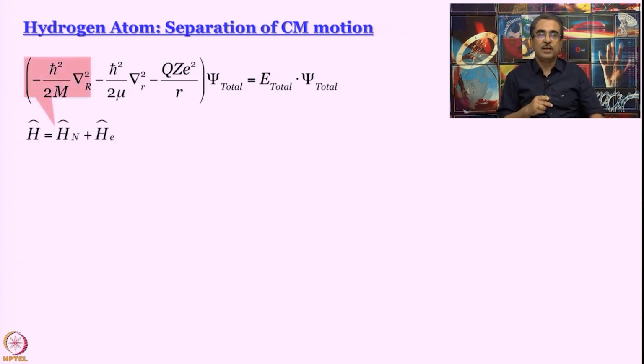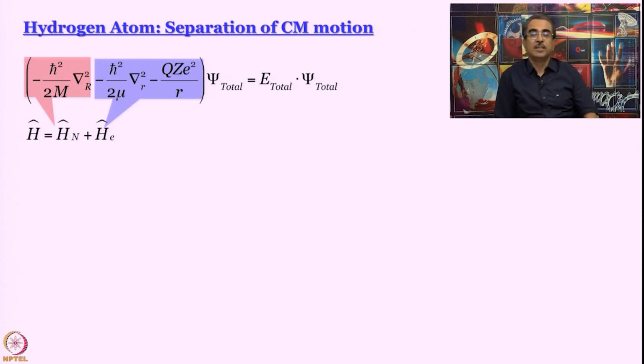The first term I will call Hn, because that is the only term on the left hand side which is in terms of the capital M mass, which is the mass of the nucleus, as I have said several times. Second and third terms together make up the Hamiltonian for the electron. Again, why electron? Because mu is practically the mass of the electron. Did I say it too many times? Perhaps I did, but that is alright.